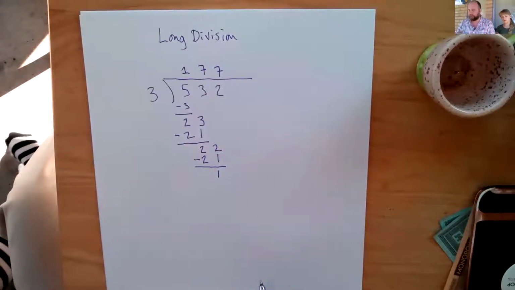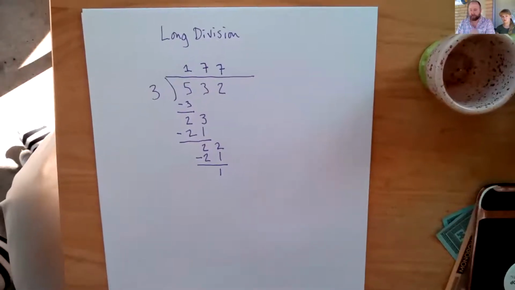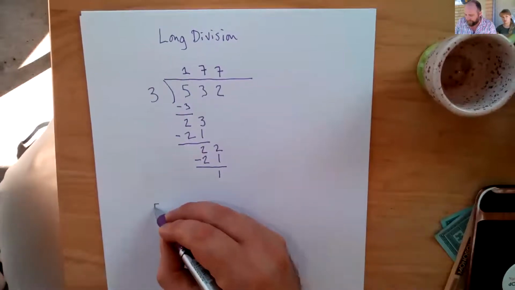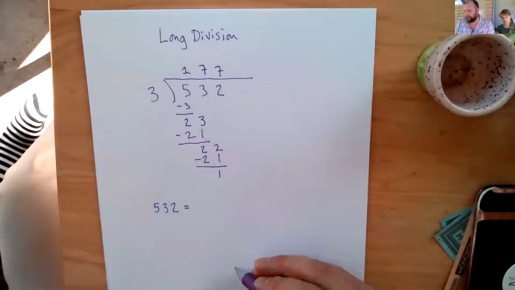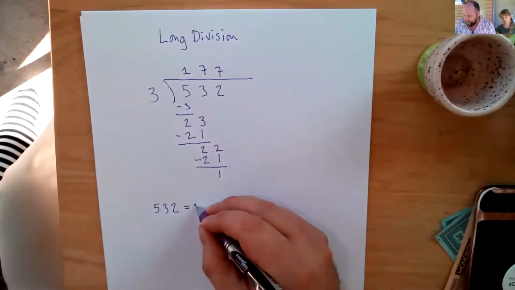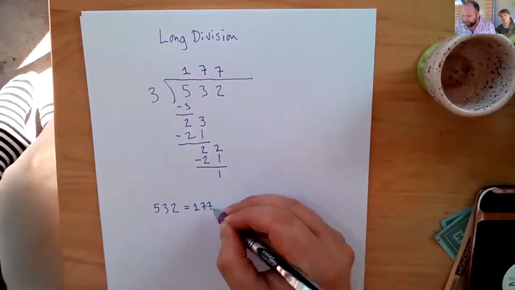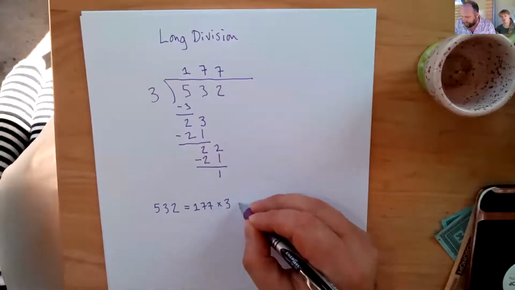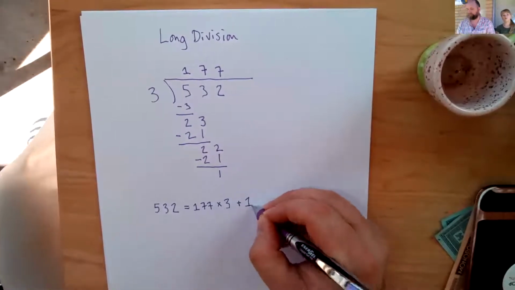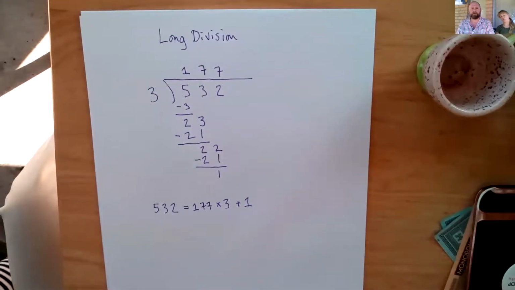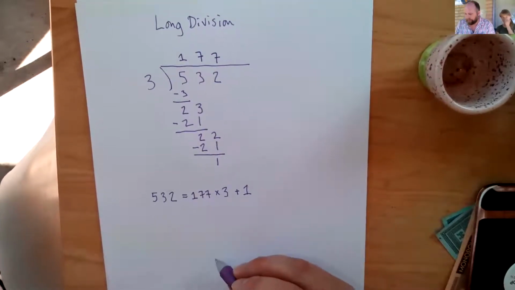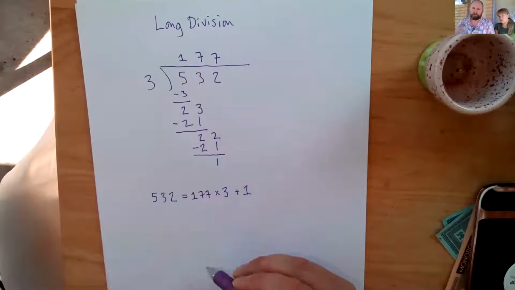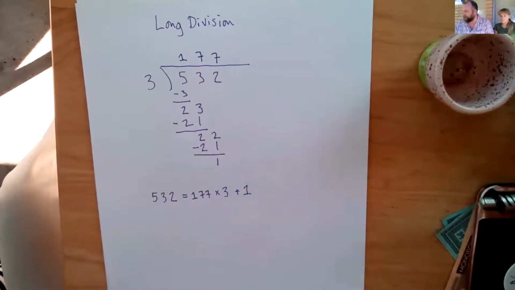So the way that I'm going to write the result of this computation is 532 equals 177 times 3 plus the remainder of 1. Okay? I am not going to write, well, we'll talk about that another time.